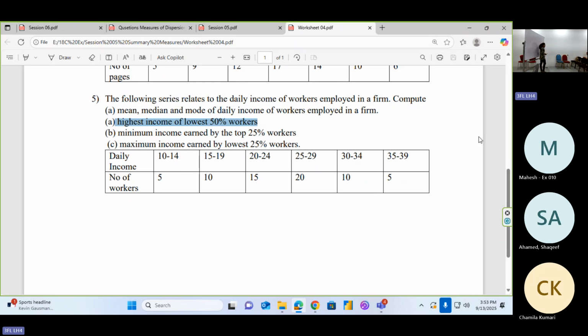It's clear. Then here you need to find out the Q3. Then this is the group data distribution. How do you find the Q3? Tell me how you find it.